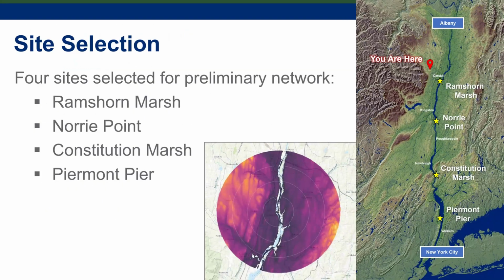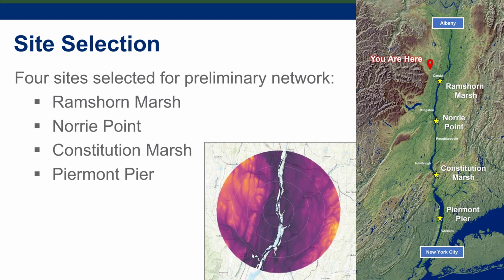We had subsequent meetings with our partners to narrow down that list of sites using a variety of evaluation processes, including viewshed analyses looking for elevation deficit and gains, the spatial distribution of sites along the estuary, site infrastructure, radio interference on the site, and accessibility for maintaining and potentially downloading data.